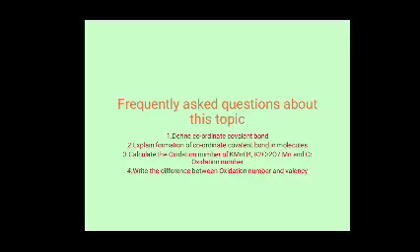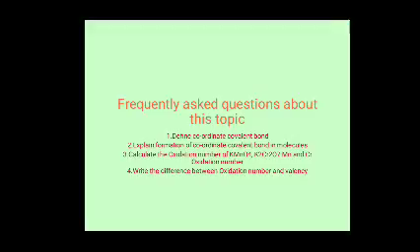Calculate the oxidation number of manganese and chromium in KMnO4 and K2Cr2O7. How to calculate the chromium oxidation number? 2 potassium, 2 chromium, 7 oxygens is equal to 0.